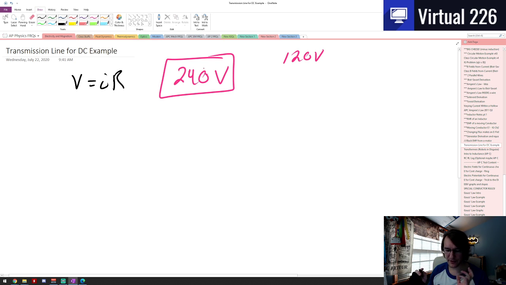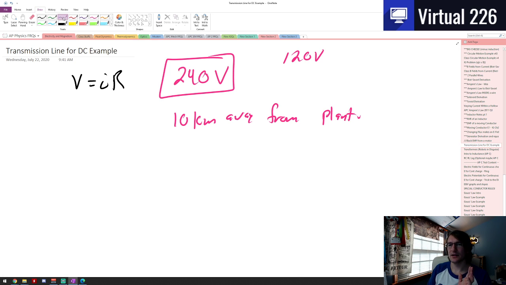So if houses need 240, and let's say your town is 10 kilometers away from your plant. So you're 10K away from your power plant. Let's give a reasonable value for the resistance of the transmission lines.